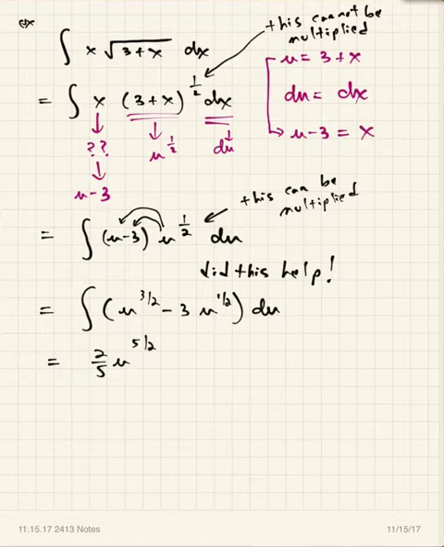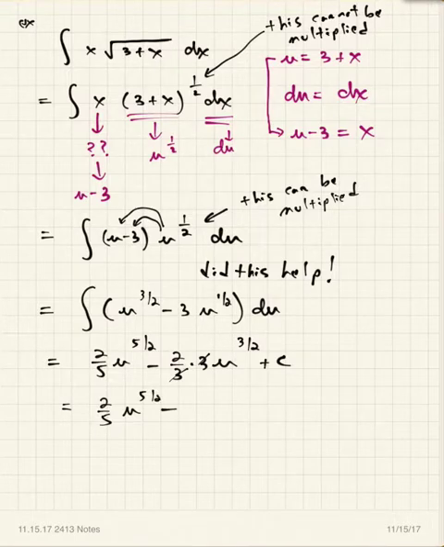And then on the next term, I have u to the 3/2, and I put a 2/3 in front. And I already have the 3 right there, and it doesn't matter what order you wrote those in. And then plus c. The 3's divide out in the second term, and so you end up with 2/5 u to the 5/2 minus 2 u to the 3/2 plus c.